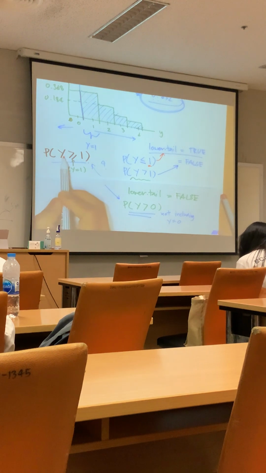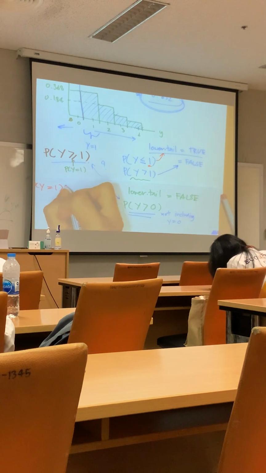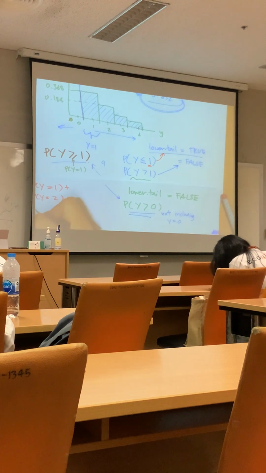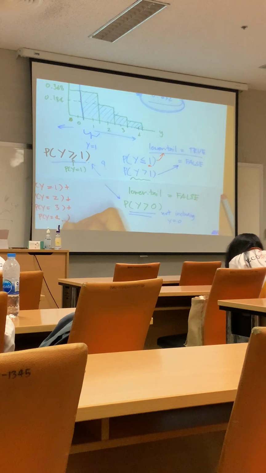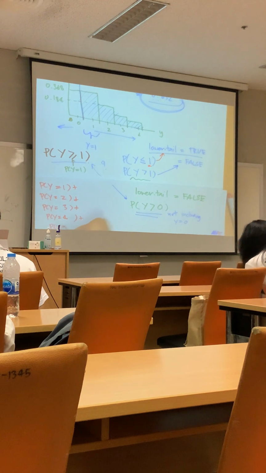So what does this include? This includes the probability of y equal to 1 plus the probability of y equal to 2 plus the probability of y equal to 3 plus the probability of y equal to 4, plus the probability of y equal to 5. Let's assume that y goes up to 5.